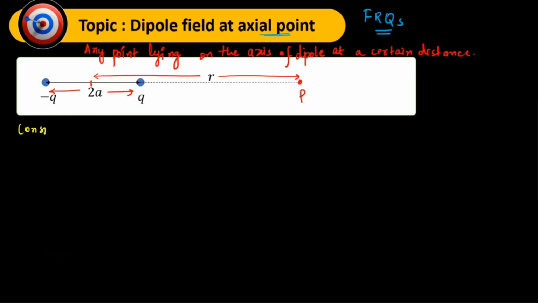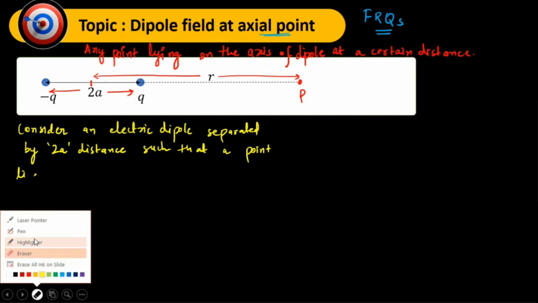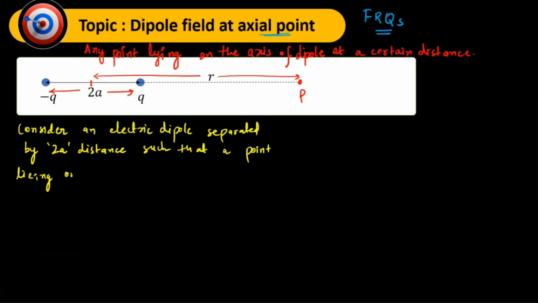So, you simply write, consider an electric dipole separated by 2a distance, such that a point lies on its axial line, and we will find the electric field at that point.